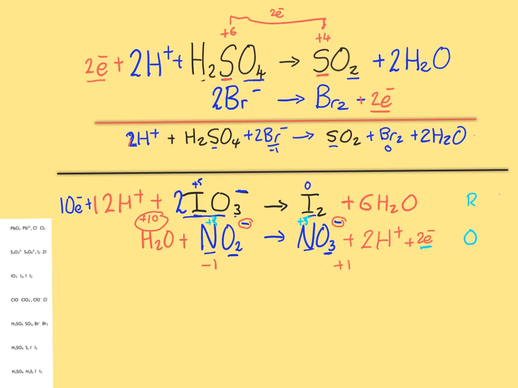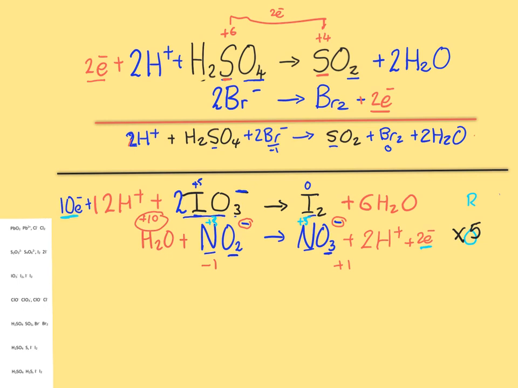Now the reducing agent is giving up 10 electrons, and that means we have to have enough oxidizing agents to accept those 10 electrons. So what we must do is multiply the whole of this equation by 5, and that will then give us 10 electrons.